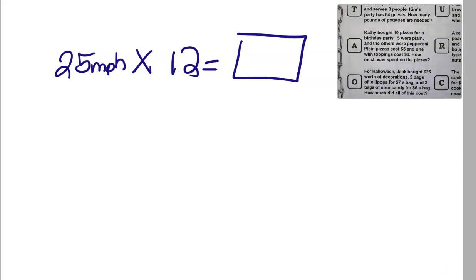Question A. Kathy bought 10 pizzas for a birthday party. 5 were plain and the others were pepperoni. Plain pizzas cost $5 and one with toppings cost $6. How much was spent on the pizzas? Well, I know that she bought 5 of the plain pizzas, and those 5 pizzas each cost $5.